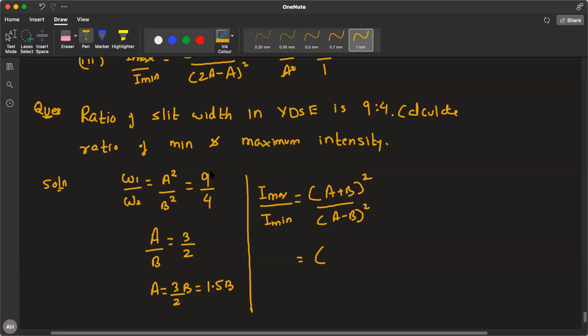Instead of A, I can write 1.5 B. Then I write B whole square divided by (1.5 B minus B) whole square. So 1.5 B plus B is 2.5 B, whole square, divided by 0.5 B whole square.